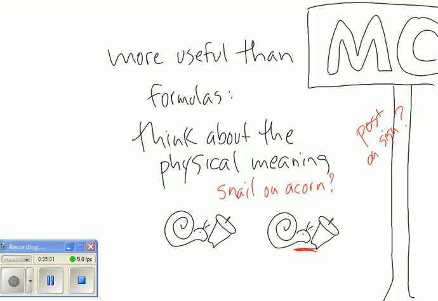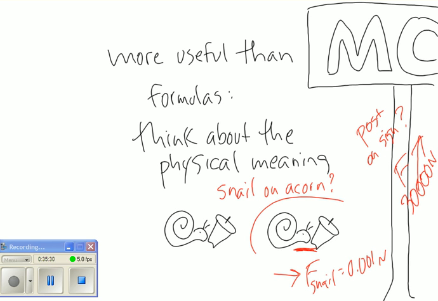On a test, I'll even give you numbers. Force of post on sign is 30 squigillion newtons. Don't be intimidated by the jargon. Force of snail, 0.001 newtons. Just because there are numbers there doesn't mean you have to calculate something. It's clear that the snail is doing more work.